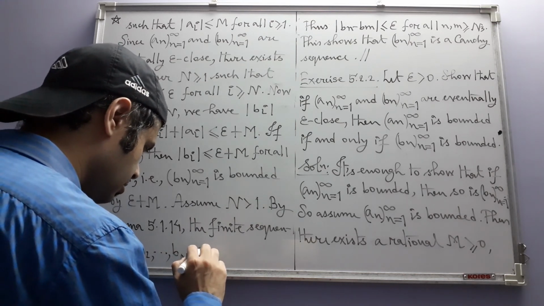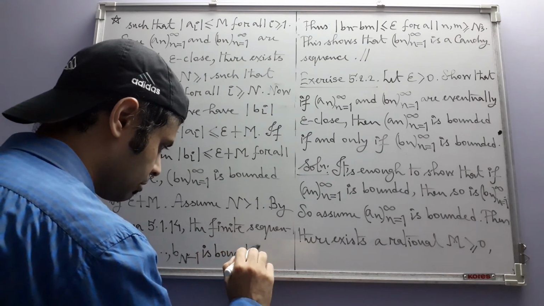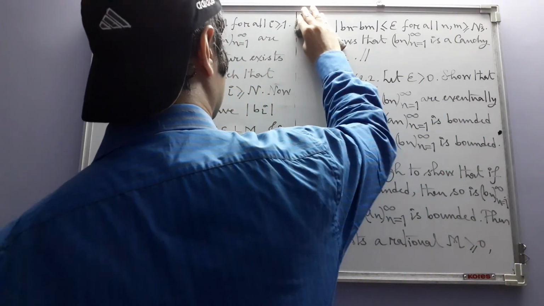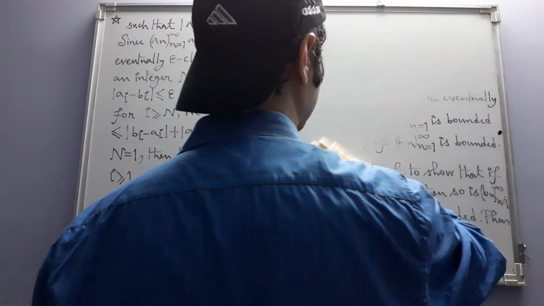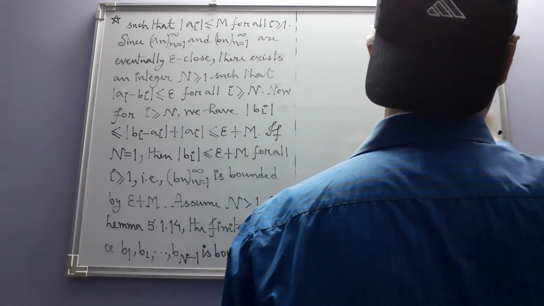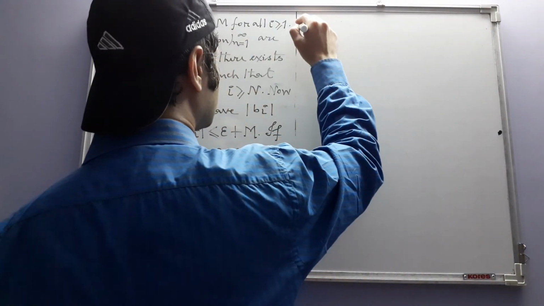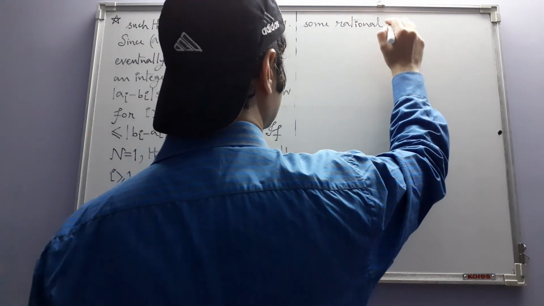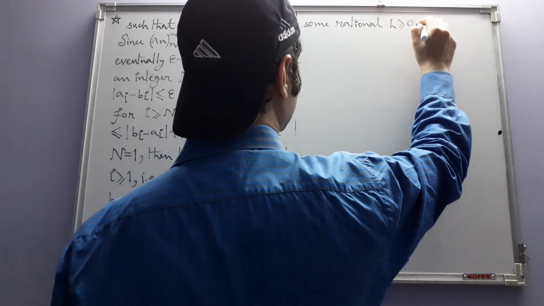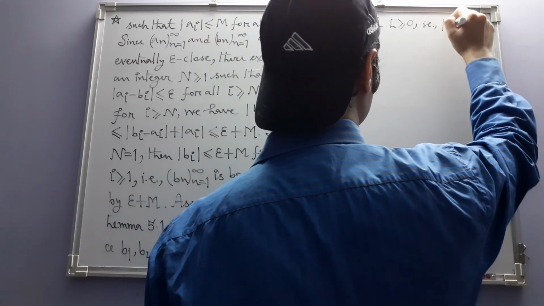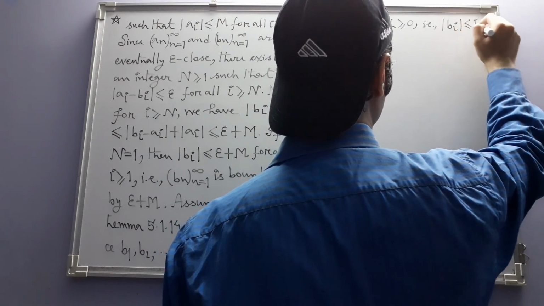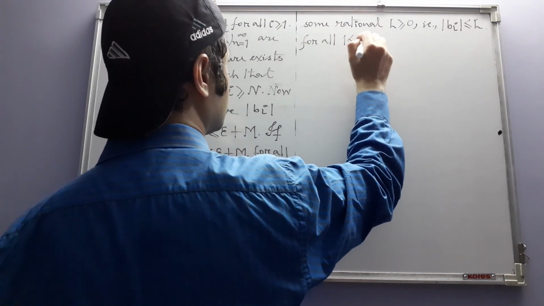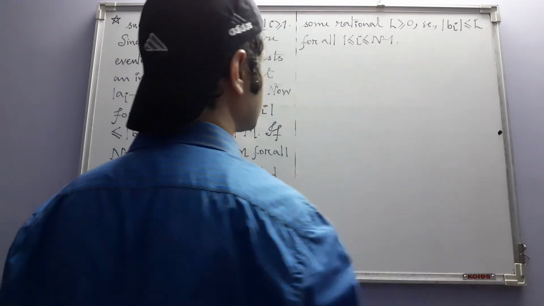The finite sequence is bounded by some non-negative rational number, say L, that is, absolute value of bi is less than or equal to L for all i lying between 1 and N minus 1.